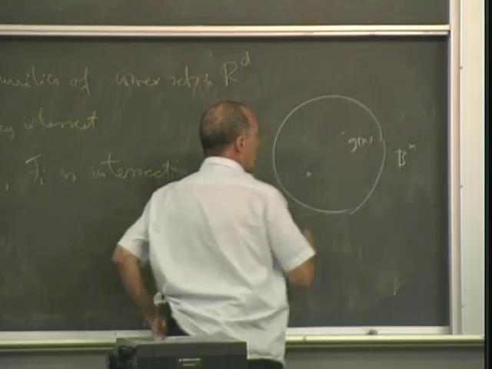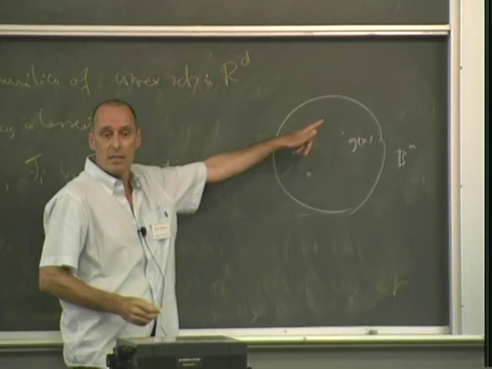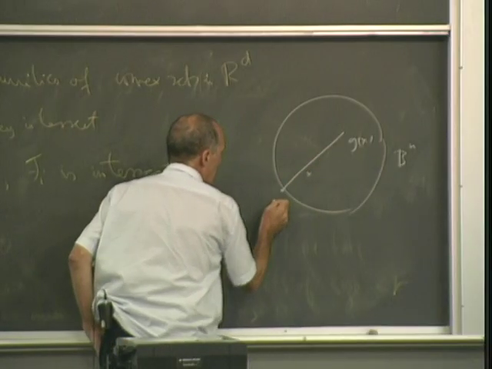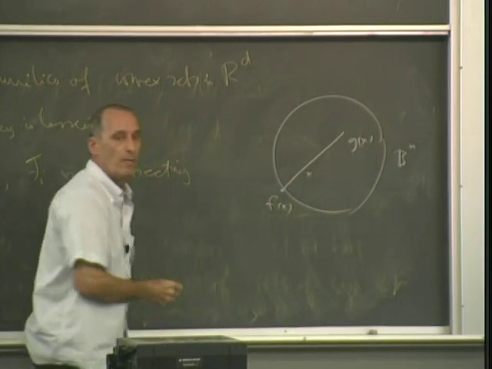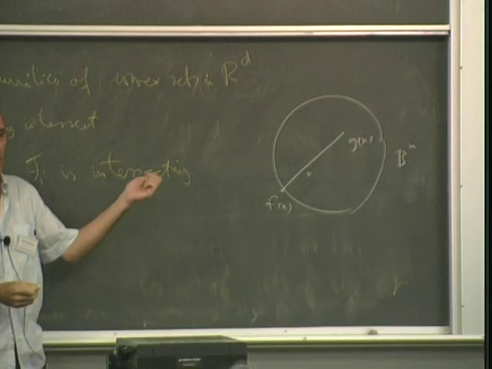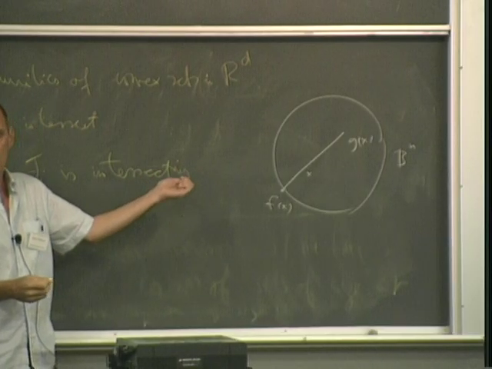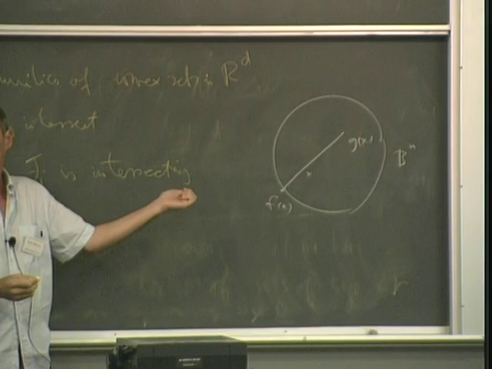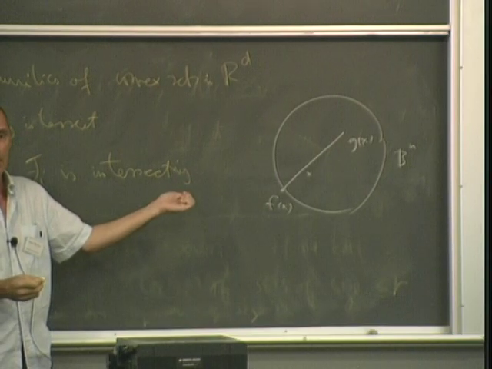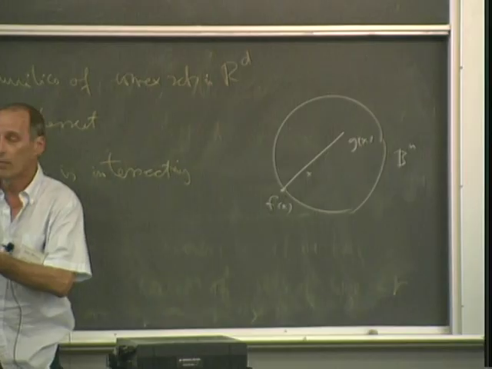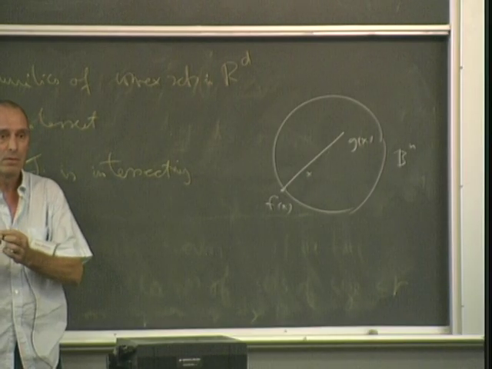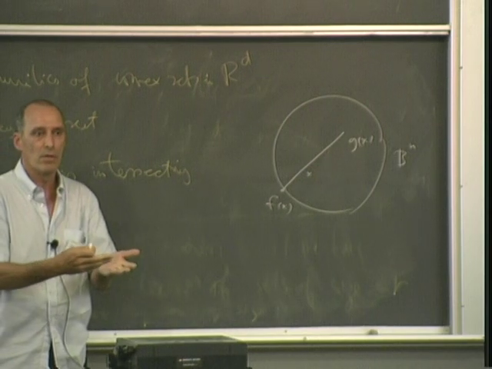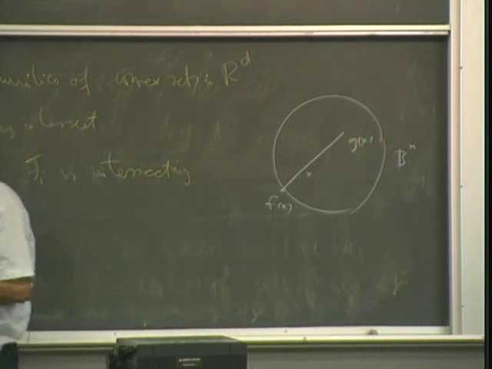If g of x is never equal to x, then you can define this map here, f of x. This is uniquely defined and continuous. And this is antipodal on the boundary, and it maps onto the boundary. And according to version 4, it's impossible. So Borsuk is stronger than Brouwer. This is the only thing I wanted to say with that.